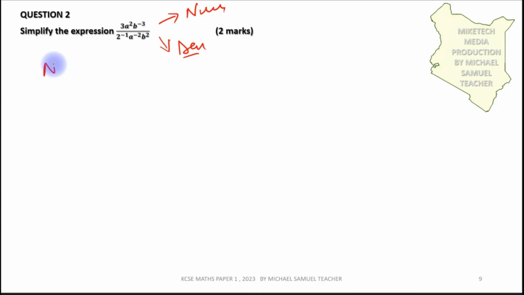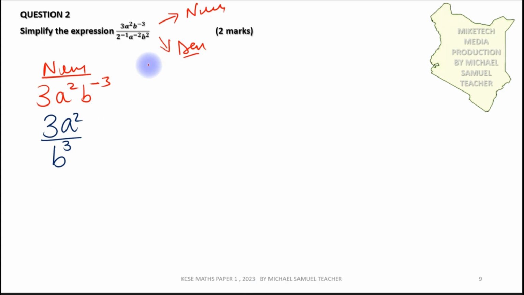So for the numerator, we have 3a squared times b raised to minus 3. Remember the laws of indices. So for this case can be written as 3a squared all over b raised to positive 3.